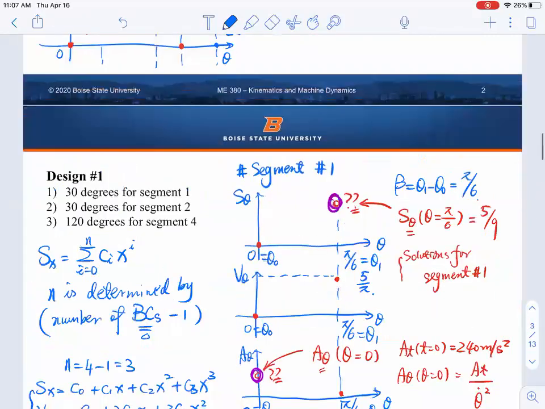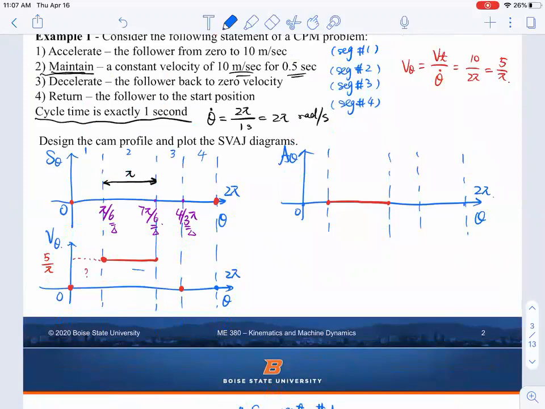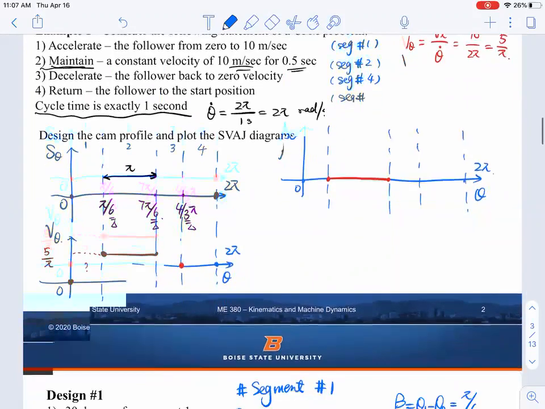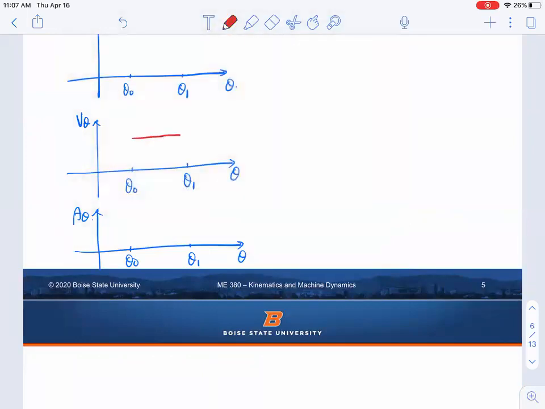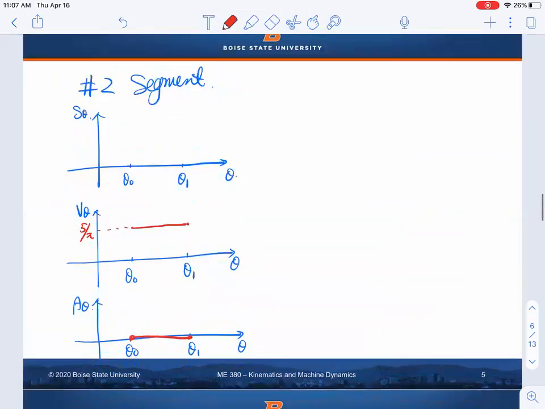So we know that your velocity is constant, 5 over pi. Your acceleration is constant at 0. And because your velocity is constant, your displacement should be a linear line.